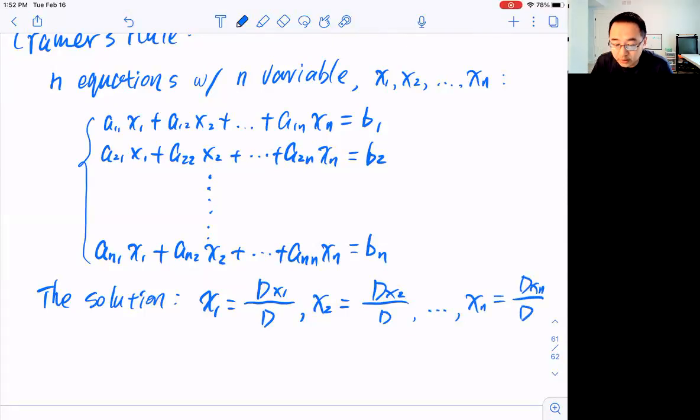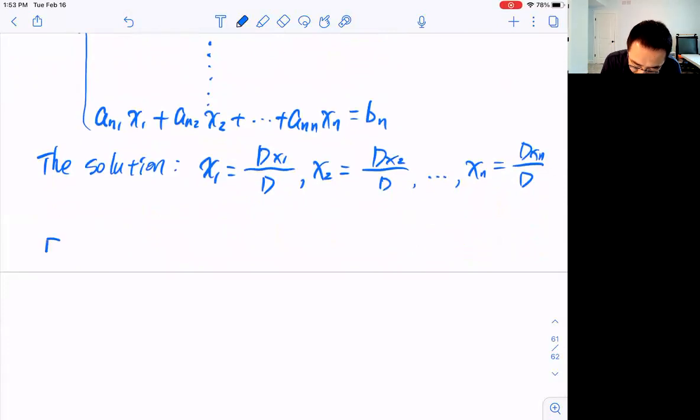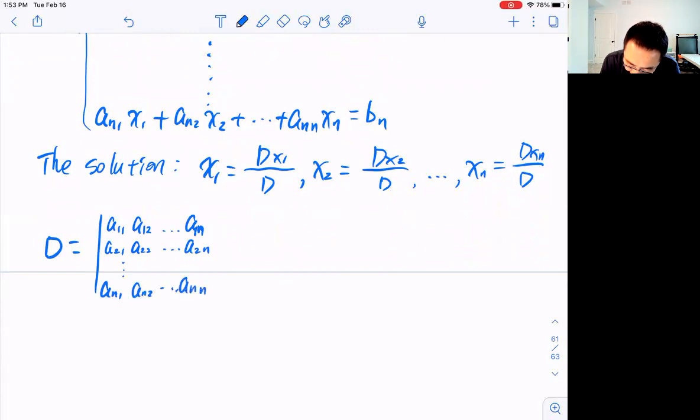Okay, where d is still the determinant of the coefficient matrix, right? So d is the coefficients a11, a12, dot dot dot to a1n, then a21, a22, dot dot dot to a2n, then all the way to an1, an2, dot dot dot to ann. Okay, d is this determinant.